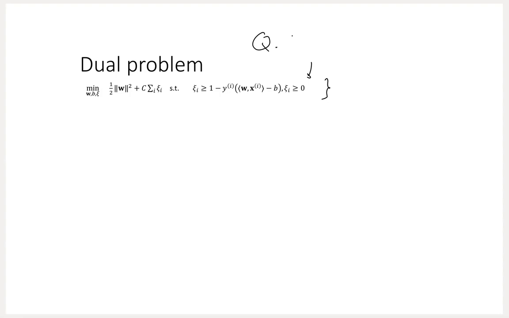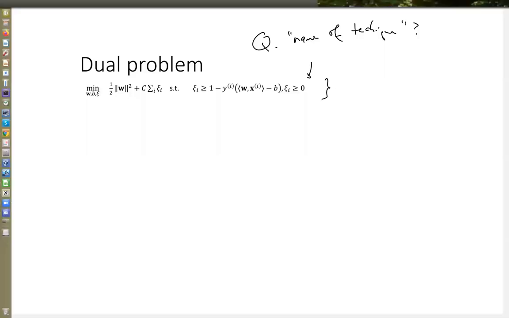What is the name of the technique? Or how do we proceed here? Yes, I'm looking for, yeah, Lagrange multiplier.